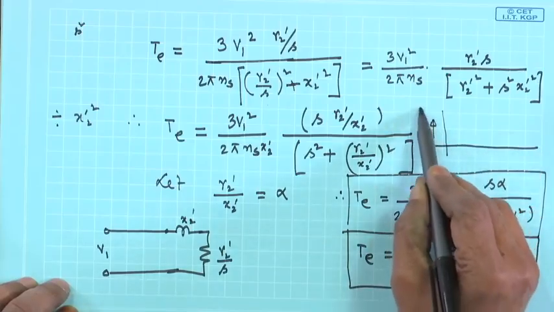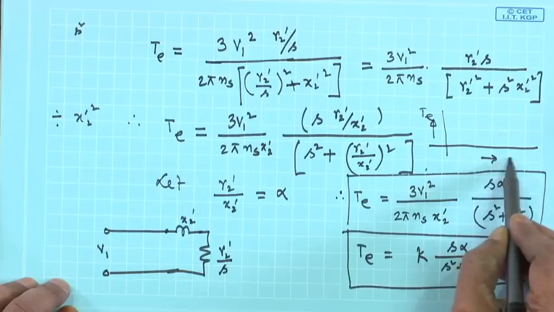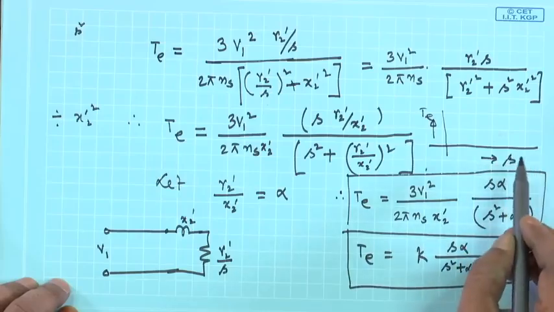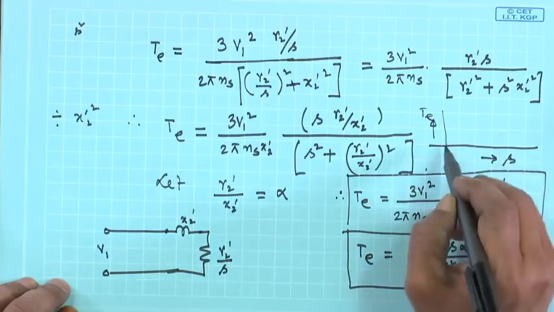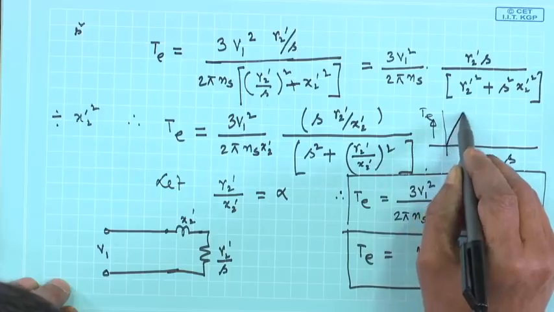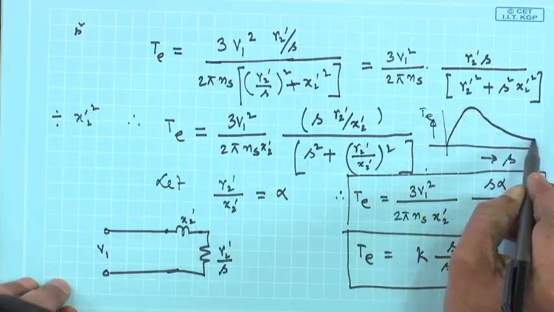This is T and this is S, and S varies from 0 to 1, it will be of this nature only.